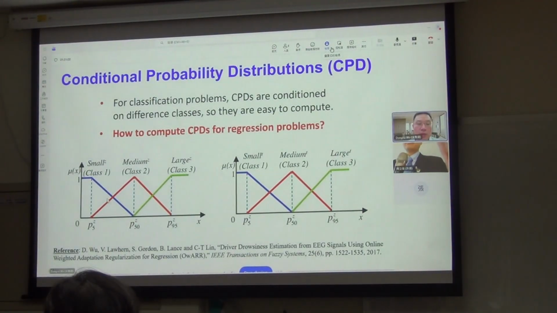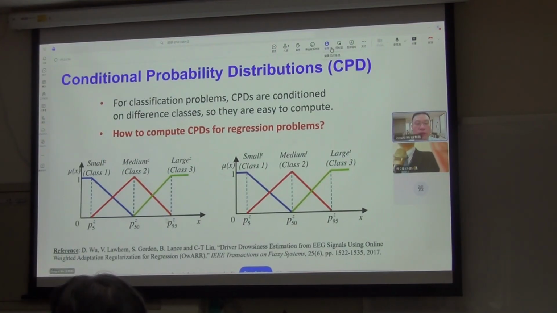And also, based on the understanding of this problem, we designed the shape of these membership functions. For example, here we use trapezoid and triangular membership functions. Where should we place the endpoints of these membership functions? We just use the 5 percentile, 50 percentile, and 95 percentile of the value in the training data to determine the endpoints.